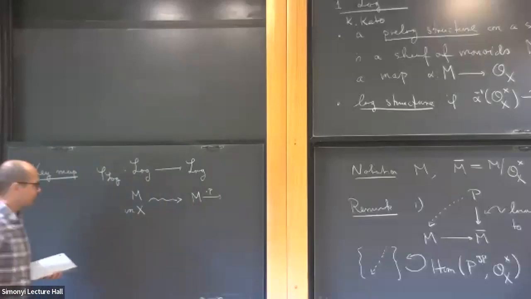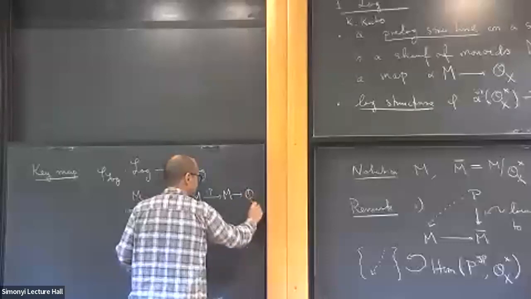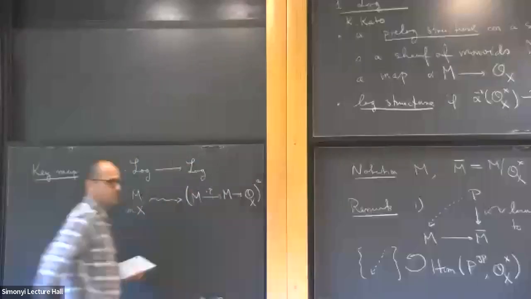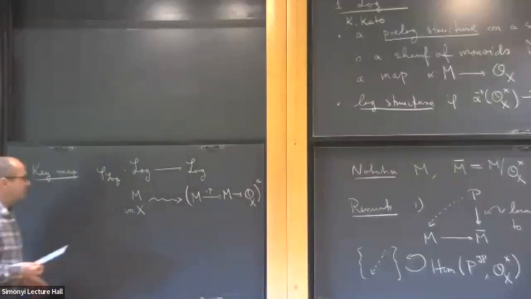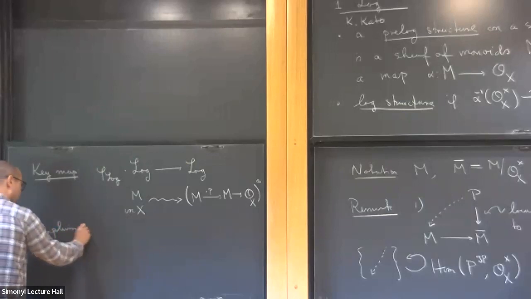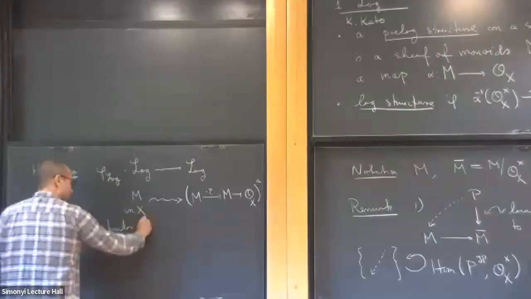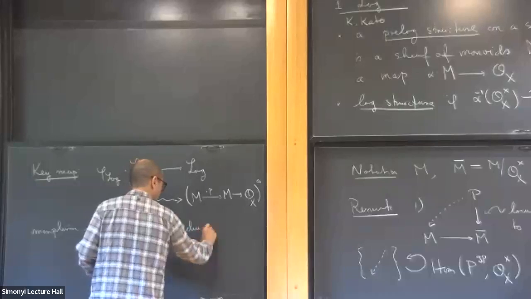You can send that, so you have that, and you can take the composition. And then you can take the associated log structure. And so this is a morphism of stacks over Z, and it reduces to Frobenius.